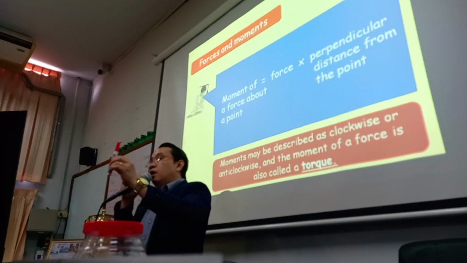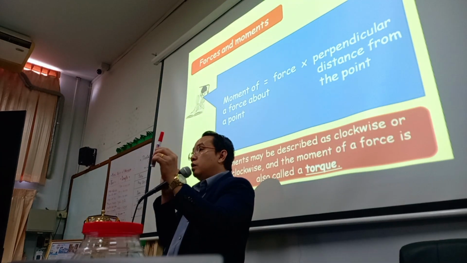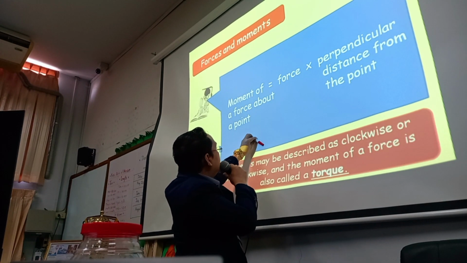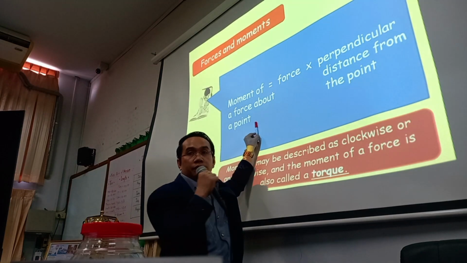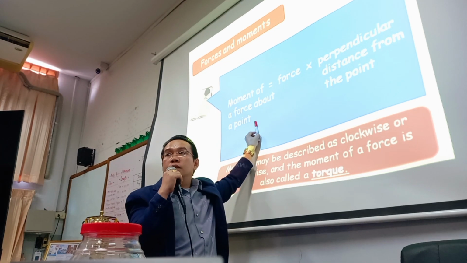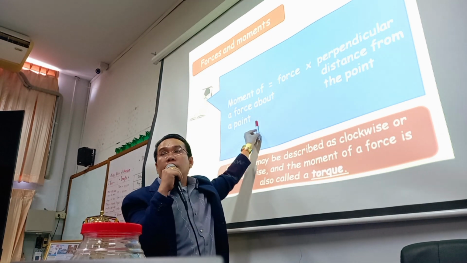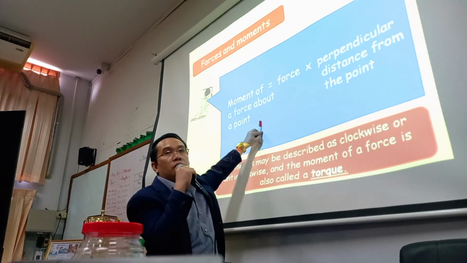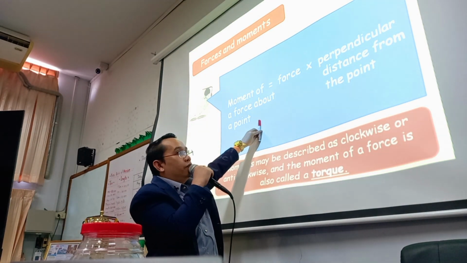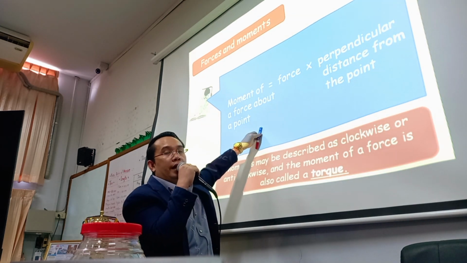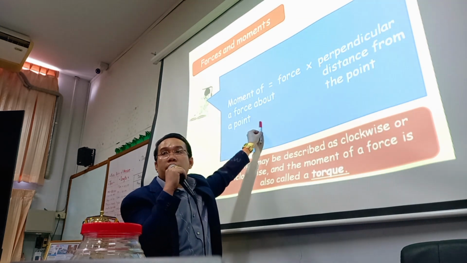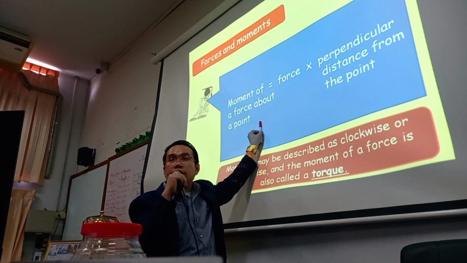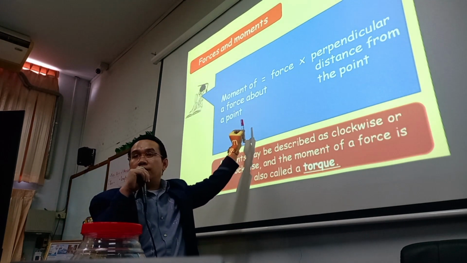When we talk about clockwise direction, it is something like this: 1, 2, 3, 4, down to 12. If we talk about counterclockwise direction, it should be like this, moving backward: from 12, 11, 10, 9, 8, 7, 6, 5, 4, 3, 2, 1. So that's counterclockwise direction.